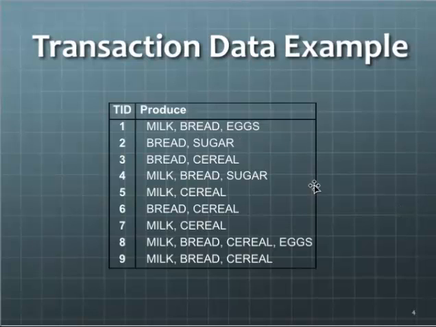So here we can see that in this table we have the record of 9 transactions, and in each transaction there are some items included. For example, in transaction 1, the client buys milk, bread, and eggs. In transaction 2, the client bought bread, sugar, etc.